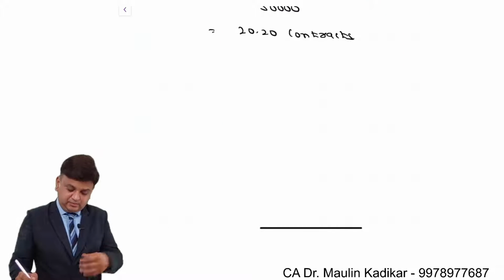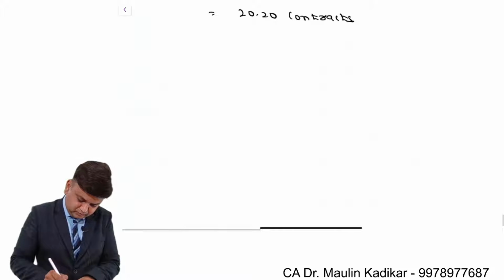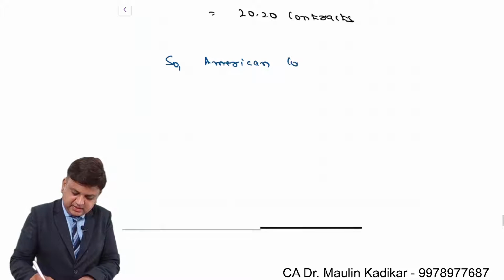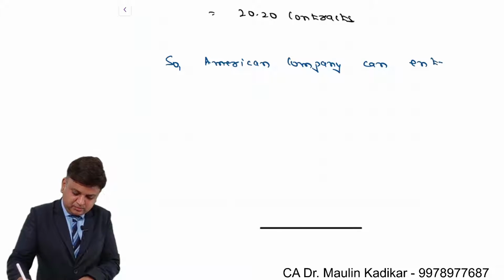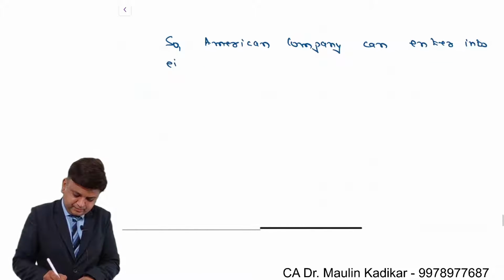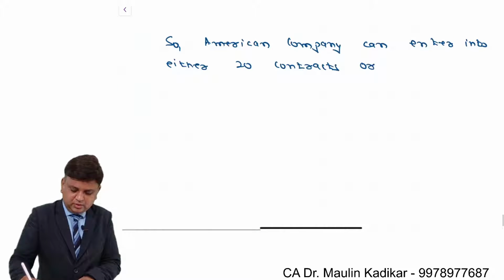With paragraph, write down: So American company can enter into either 20 contracts or 21 contracts.